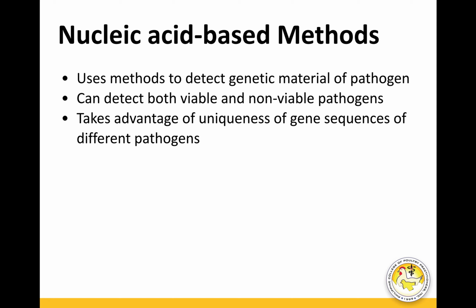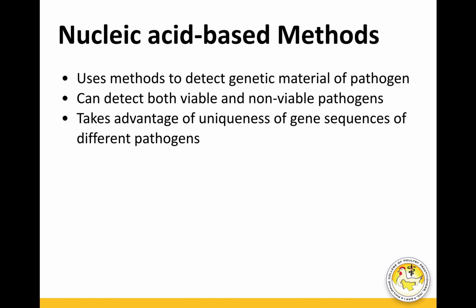One of the most important reasons why nucleic acid based methods are very robust is that they take advantage of the uniqueness of our gene sequences for different pathogens or for different biological agents as well.